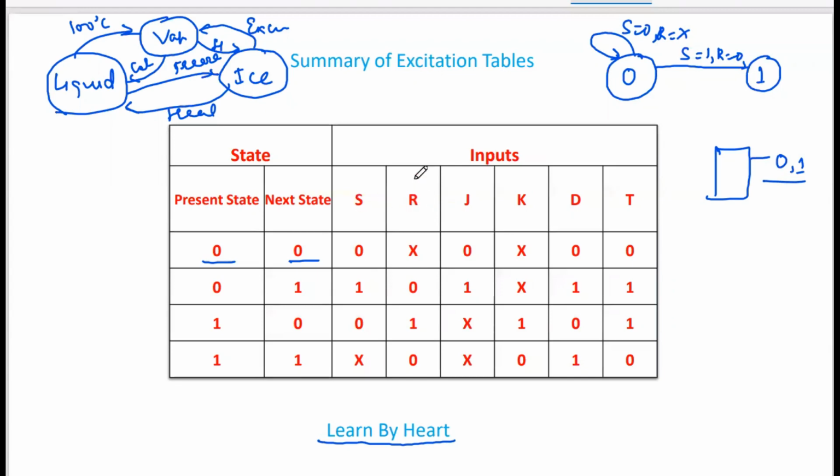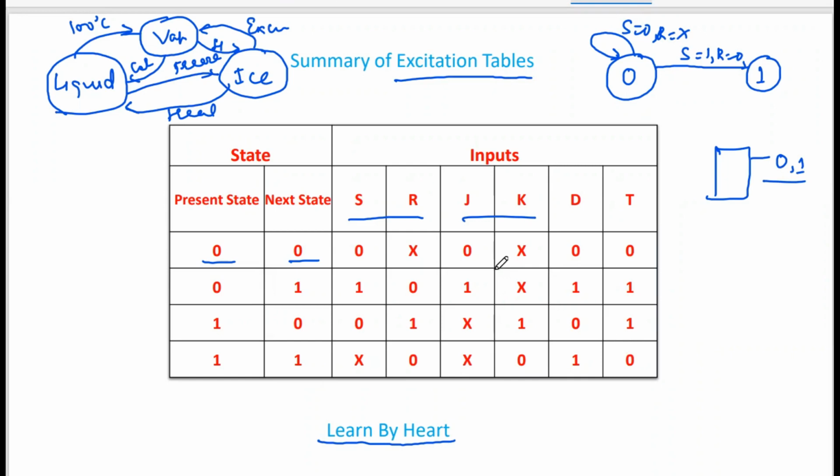Another concept that you should remember is the excitation tables, and here you can see that this is for your SR: 0 1 0 X, 0 1 0 X. For JK it is 0 1 X X, 0 1 X X, and for D it is 0 1 0 1, and for toggle or T flip flop it is 0 1 1 0.